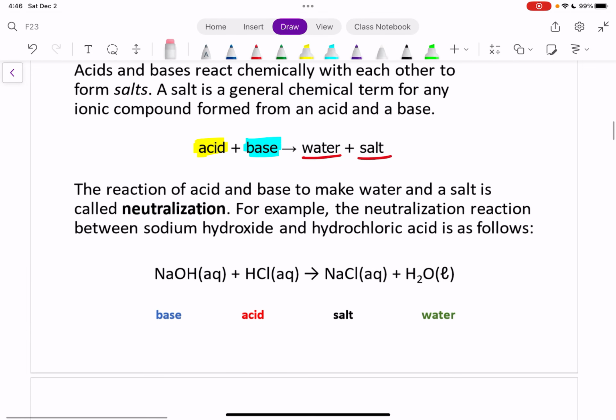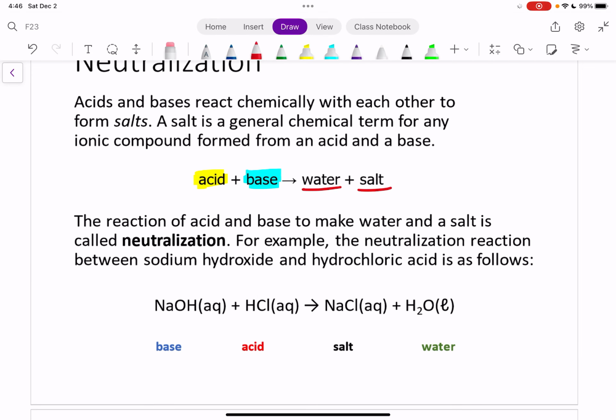But now how does this actually happen? Well, what's actually happening chemically is that this hydrogen here is going to want to switch places with Na. Now, why are they going to want to switch places? Well, to think about that, we need to think about the individual ions on the left side of that reaction. So remember, when we have these ionic compounds, we always have a positive ion bonded to a negative ion, right?